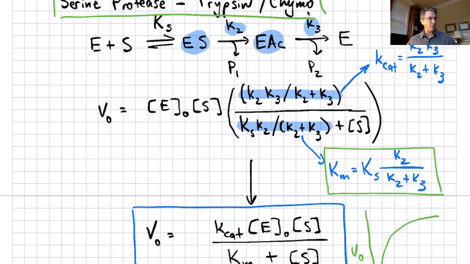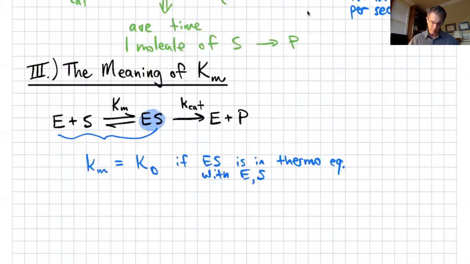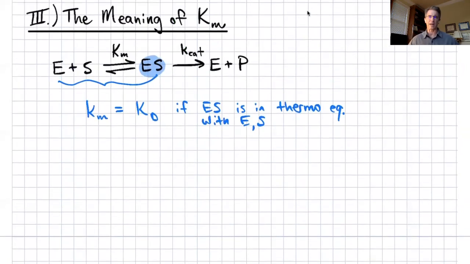So Km is a little less intuitive to understand than in the simple Michaelis-Menten mechanism, as a dissociation constant.